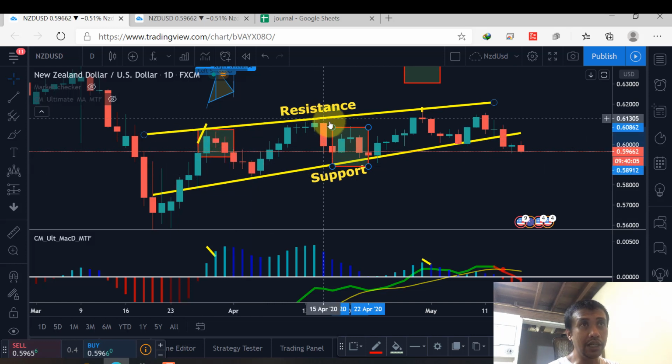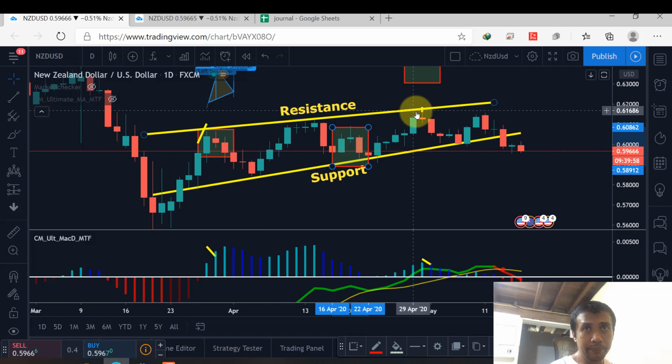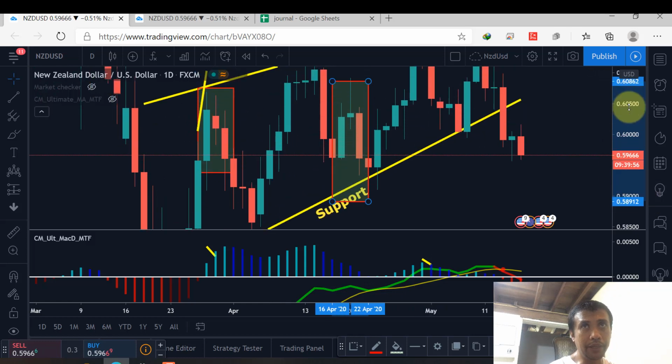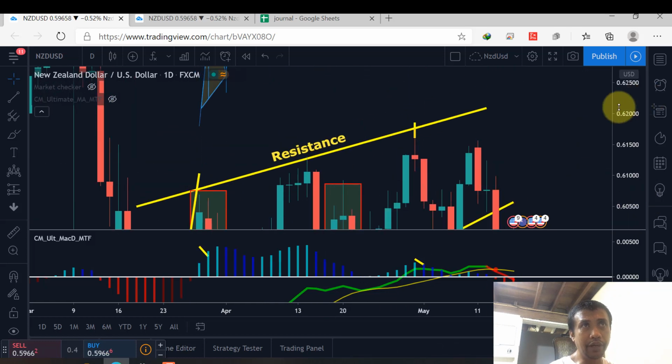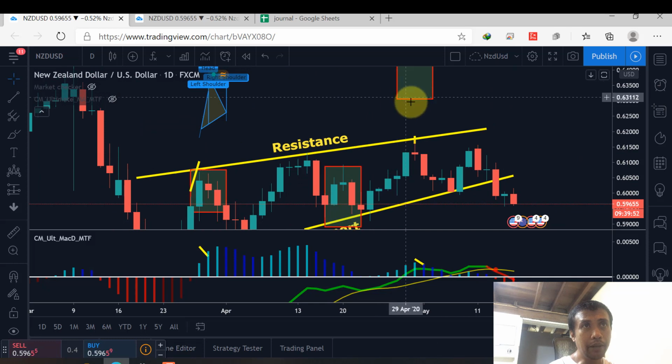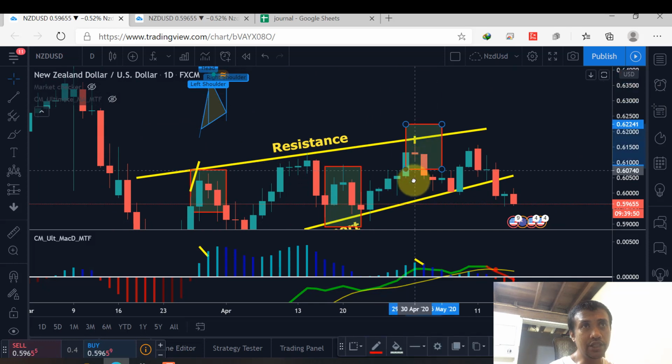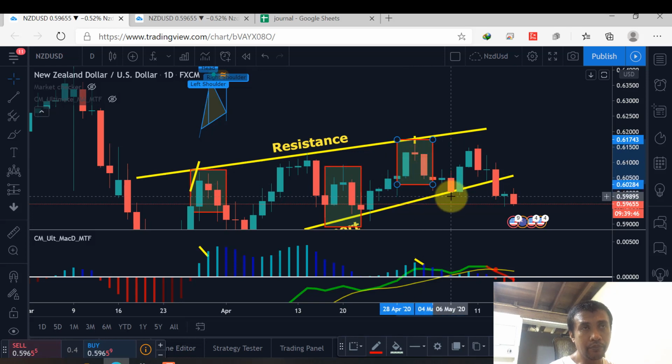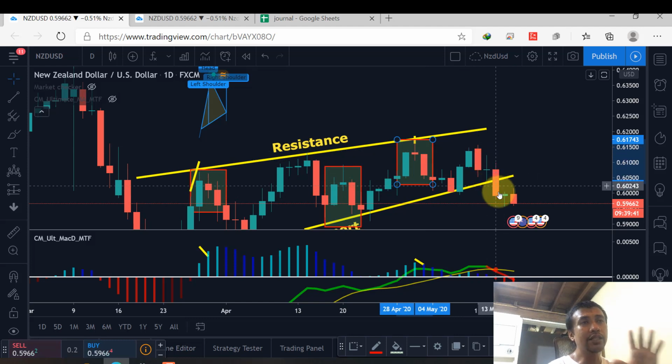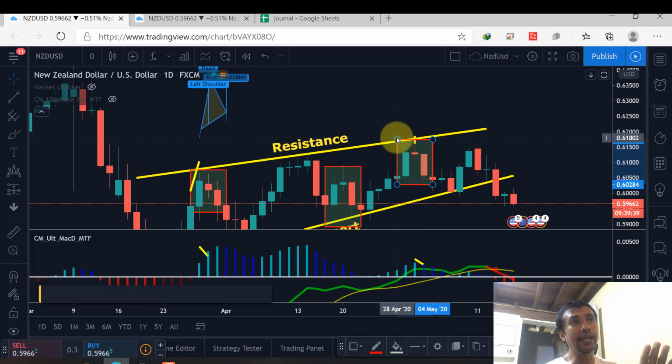Ito naman, alam natin na hindi siya dire-diretso kasi meron na siyang support. So, umakyat. Now, for the third pattern natin on the 1 day time frame, makikita natin na the potential is going down. Kaya medyo binaba pa niya, tapos umakyat siya ulit hanggang na-break na niya. Yan ang itsura for the 1 day.